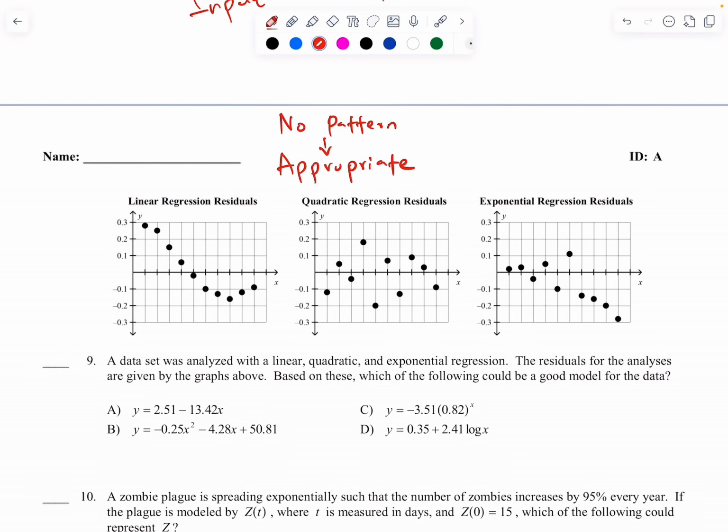If you look at the linear regression residual plot, you notice that there is a pattern, so this is not appropriate. If you look at the exponential one too, you notice that you have a pattern in this one, so that is not appropriate. The only one that does not have a pattern is quadratic.